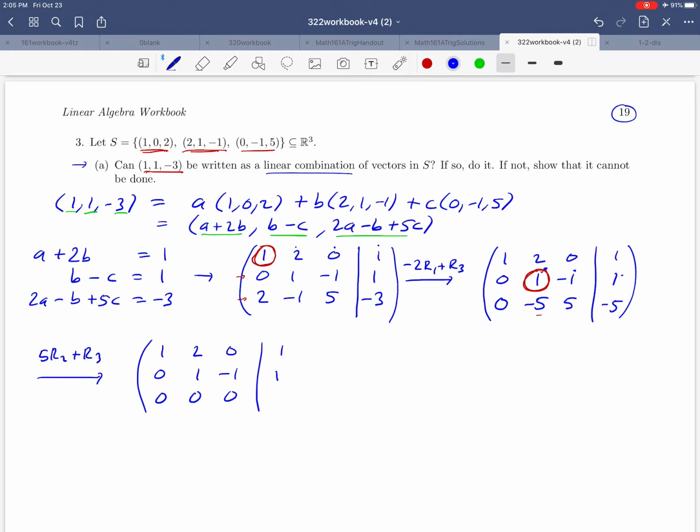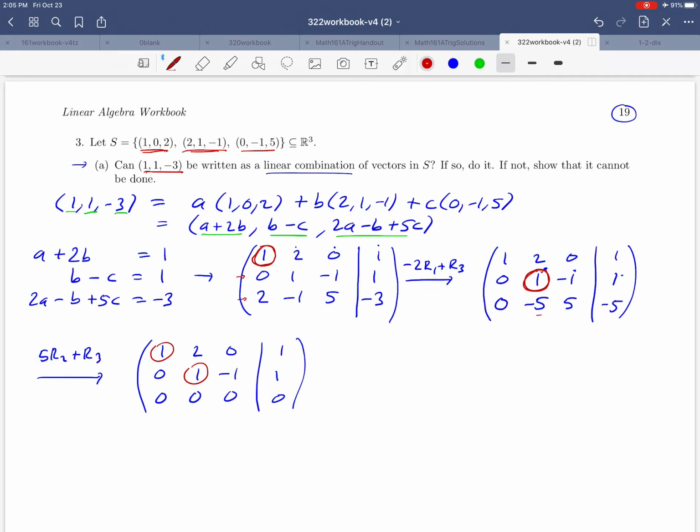And then finally, 5 times 1 is 5 minus 5 is 0. Circle our pivot positions and notice we've got zeros below both of those. That's what we want. That's the so-called echelon form. And so we're ready to think about solutions to this system.